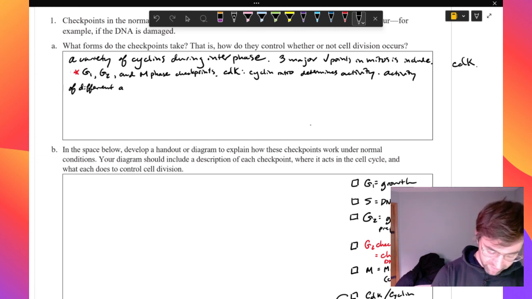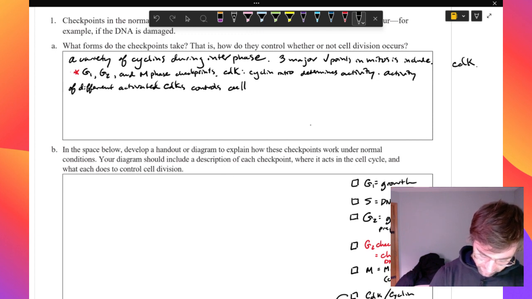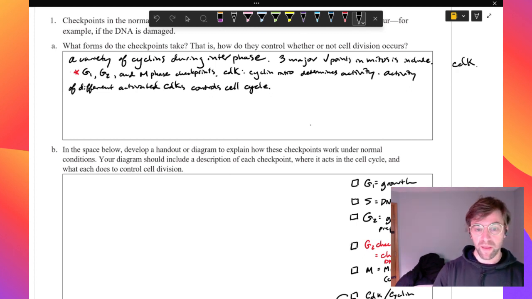Activity of different activated CDKs controls cell cycle. The cell can move past a given stage of the cycle only when the appropriate checkpoint CDK has been activated.